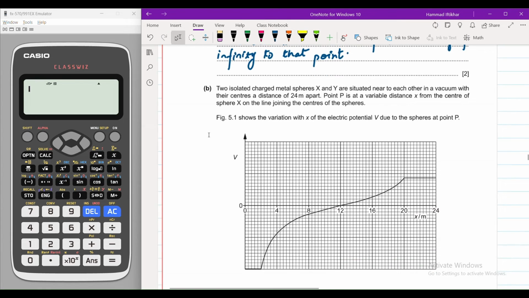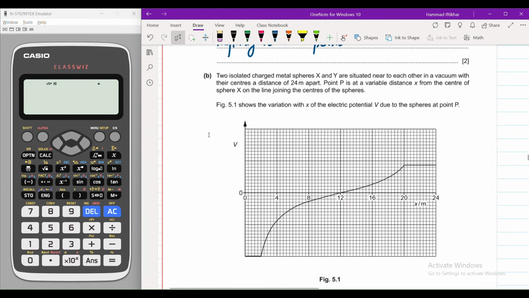Two isolated charged metal spheres X and Y are situated near to each other in a vacuum with their centers a distance of 24 meters apart. Point P is at a variable distance x from the center of the sphere X, on the line joining the centers of the spheres.